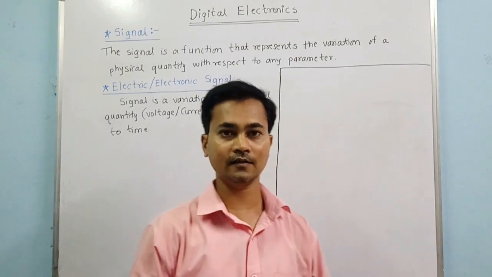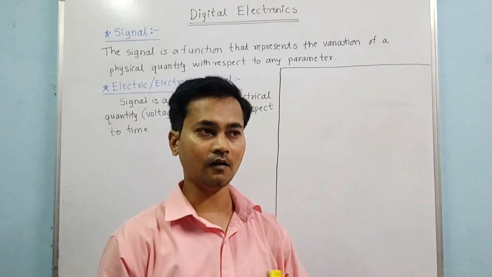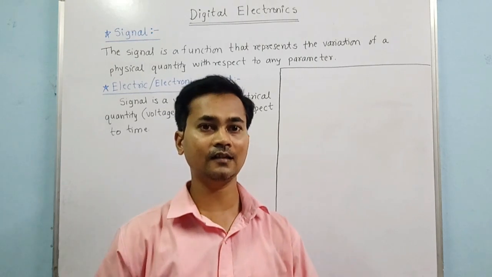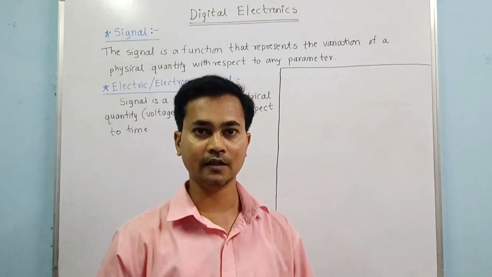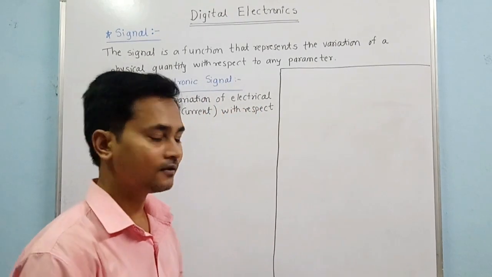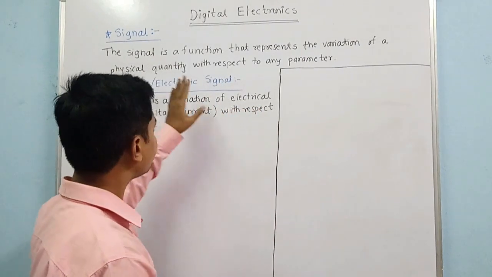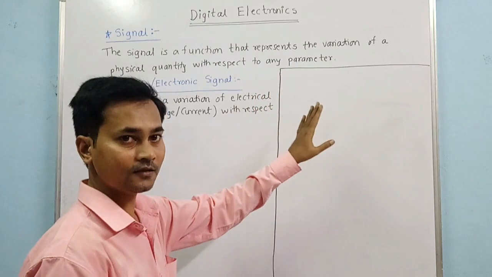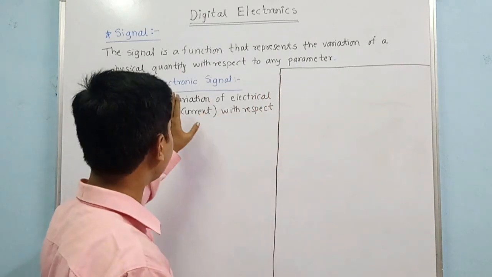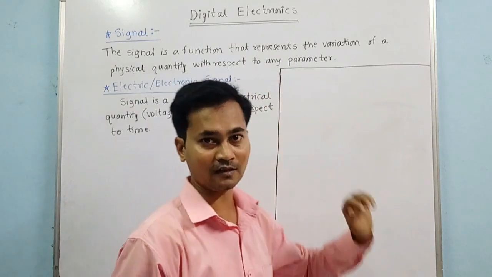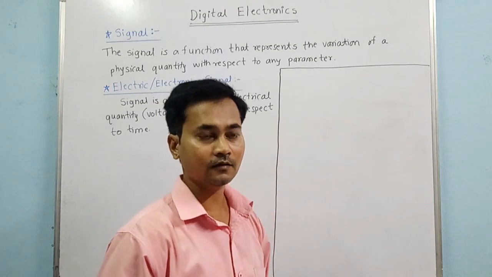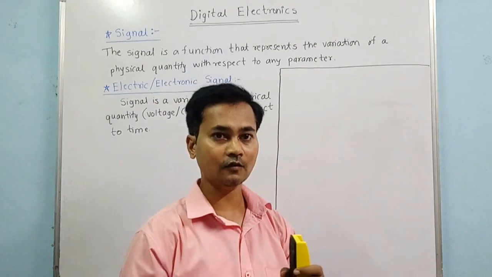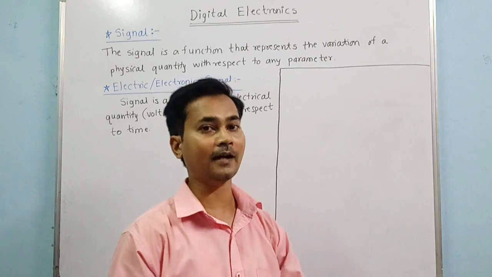So this is just the basics of all the quantities that we see in day-to-day lives. Basically the signal is a function that represents the variation of a physical quantity with respect to any parameter. So here some physical quantity is going to vary with respect to another parameter.